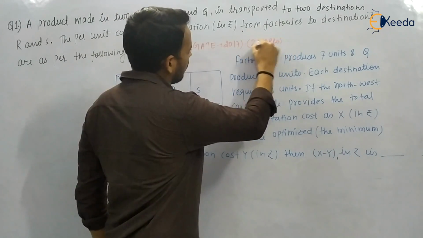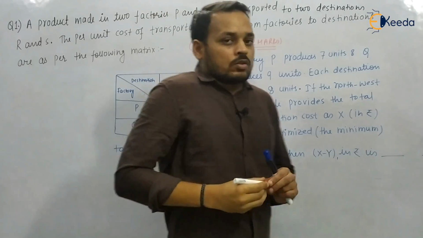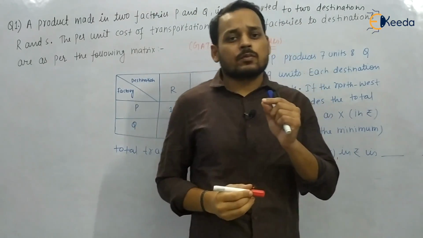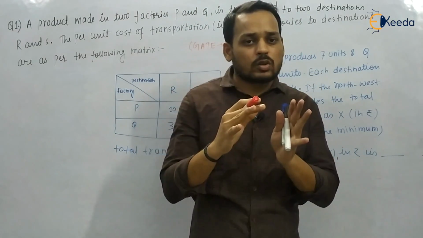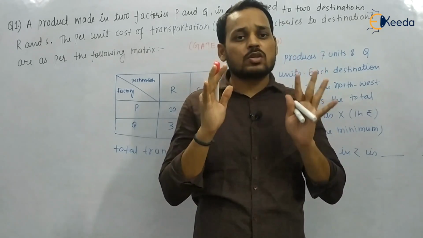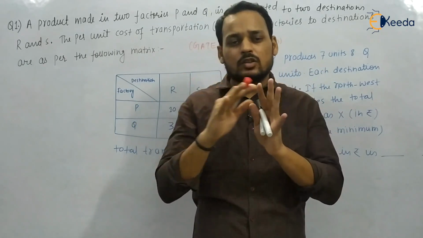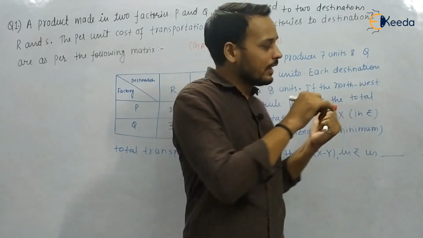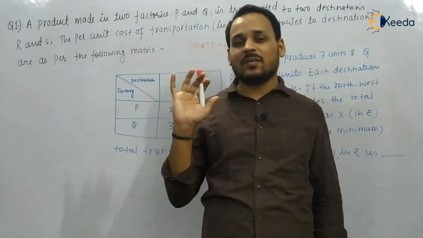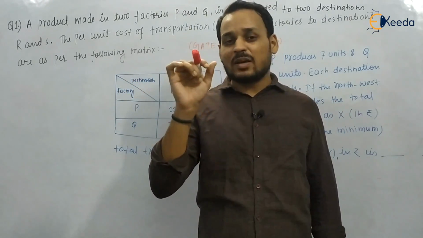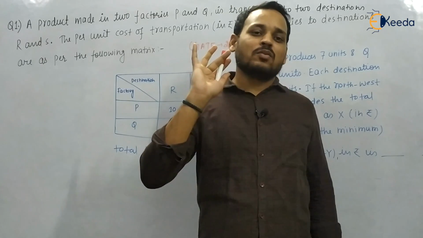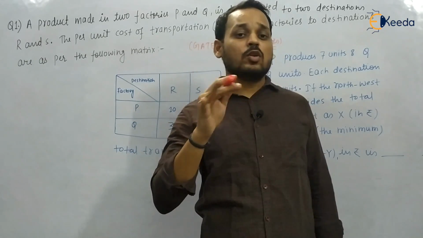Some of the students may think that first obtaining the basic feasible solution, then performing the optimality test, is quite lengthy. But in the GATE examination they have asked to find first the basic feasible solution and then perform the optimality test.